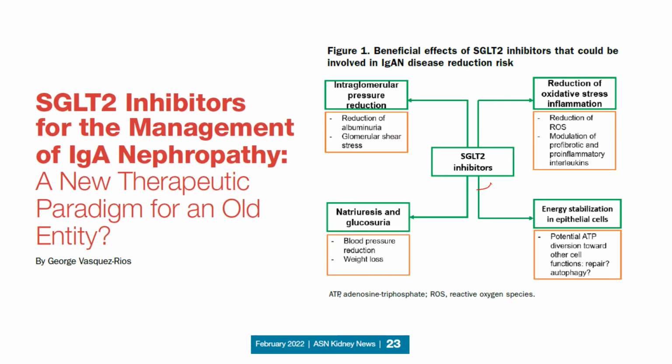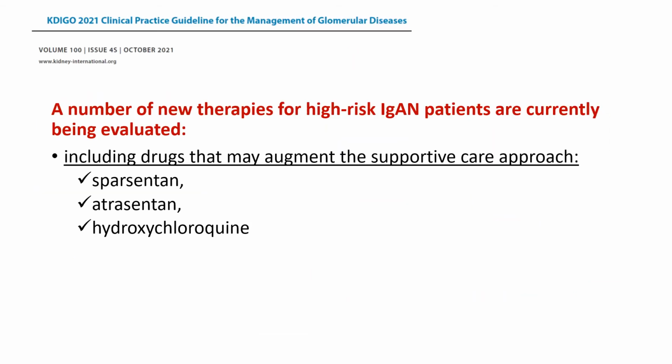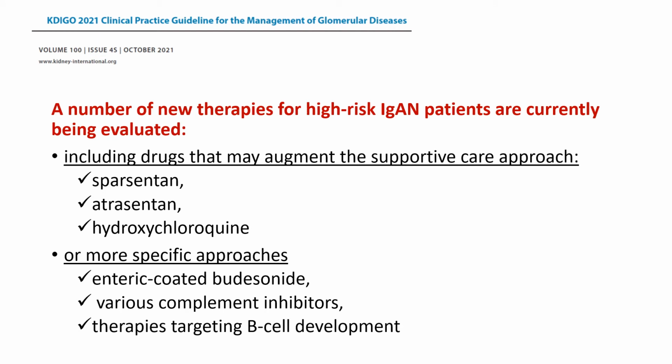This is because SGLT2 inhibitors have a lot of theoretical and clinical evidence that IgA nephropathy patients will benefit from their use. There are other new therapies for the management of high-risk IgA nephropathy patients, but they are currently being evaluated.